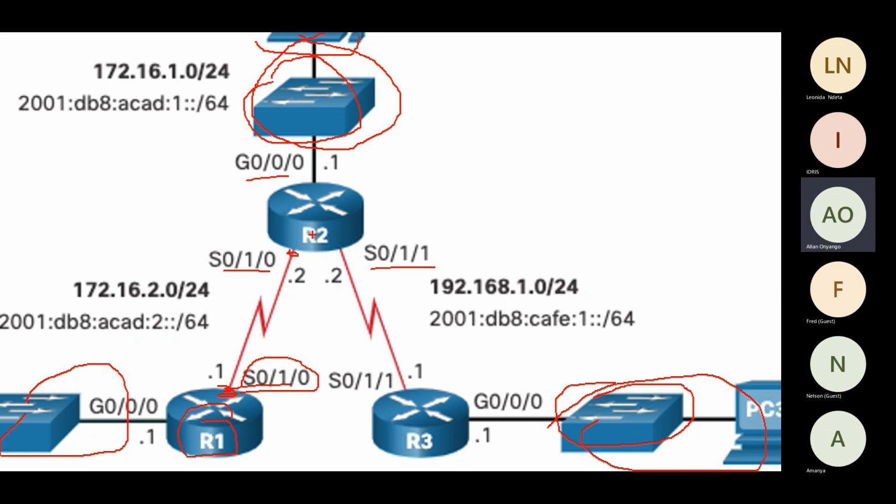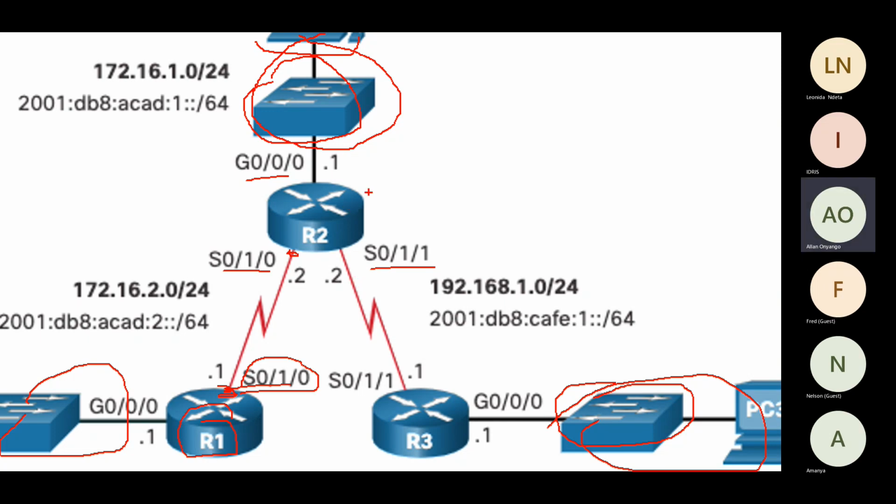So what I'm saying is, for R1 to send a message to R2's LAN or to R3's LAN, the message will go through the exit interface of R1, but the first router on its way towards either of those two LANs is R2, and we are calling it the next hop, or the next router along the way.